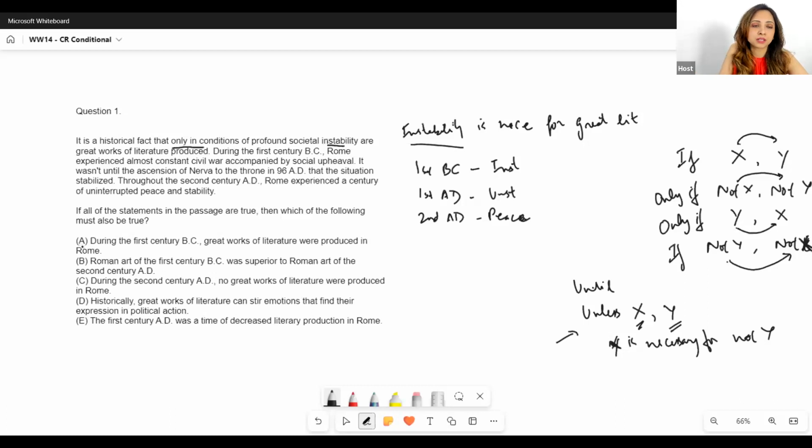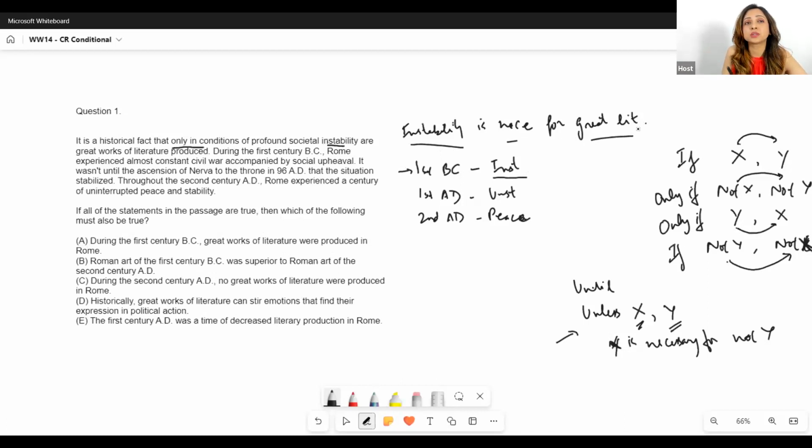Okay. Now, option A: during the first century BC, so we're talking about this one, great works of literature were produced in Rome. Look, I know that the first century BC was a time of instability, right? But instability is necessary for great literature. Is it sufficient? Is it essential that every time there is instability, there will be great works of literature? No, that is not given to me.